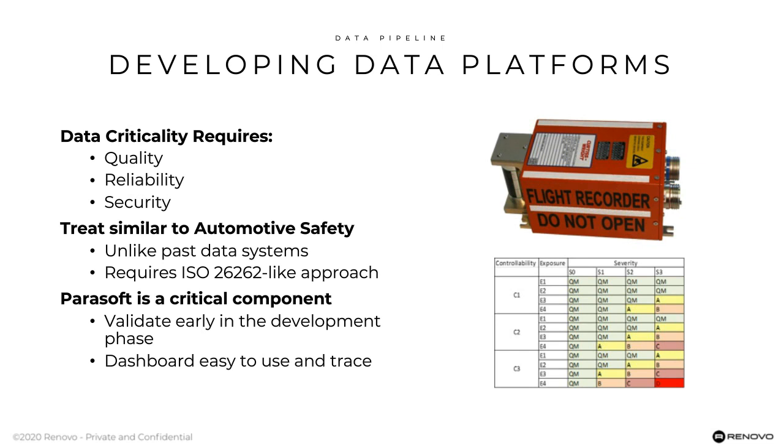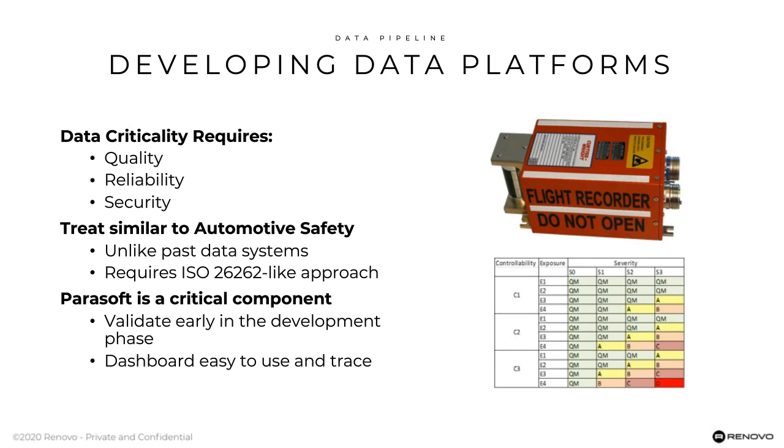We often use the example of the black box or the flight recorders that are in the airline industry, the aerospace industry. We are getting to the point with the data systems where it is that important that we basically build hardened systems that are safe and reliable and secure. It requires an ISO 26262-like approach.